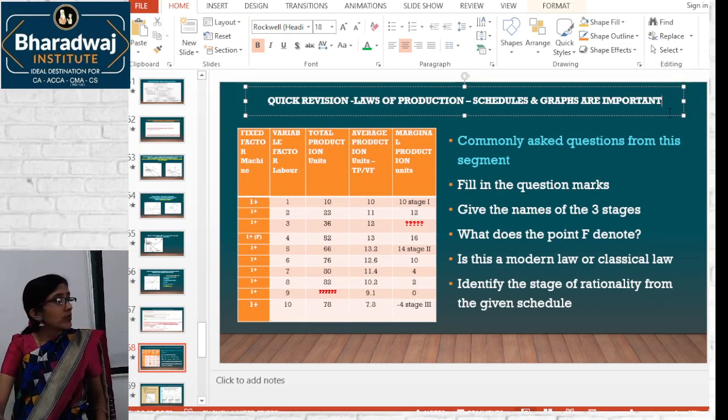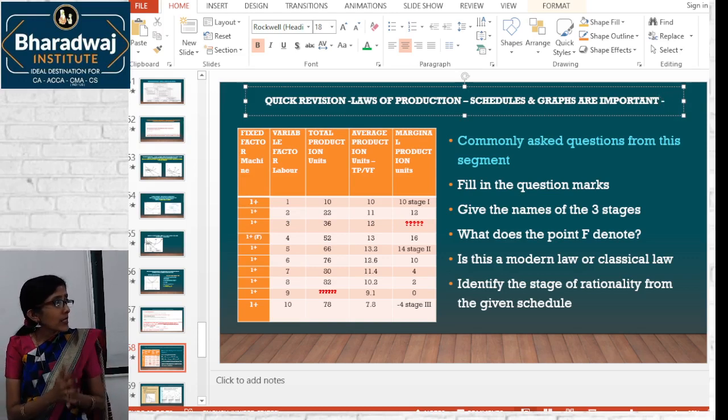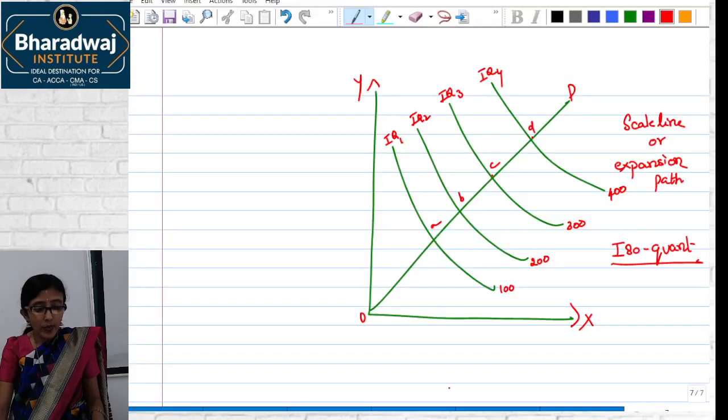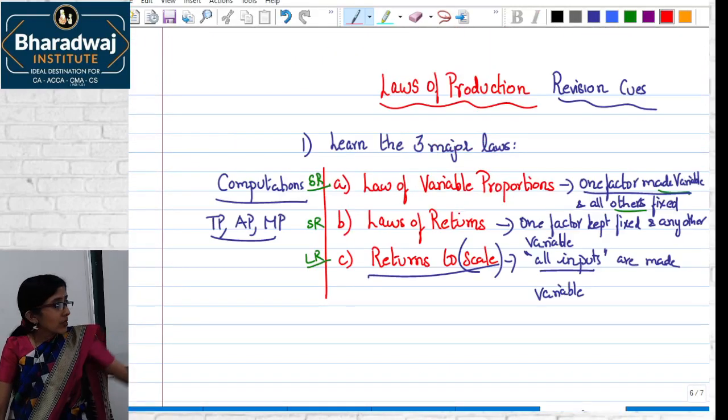It belongs to, yes, this row. This chart belongs to, we saw the three laws are given here. It belongs to this row. Open your mouth once and answer.